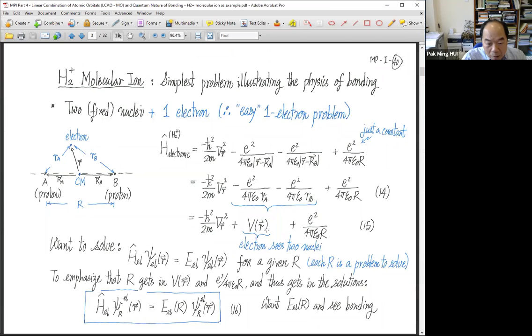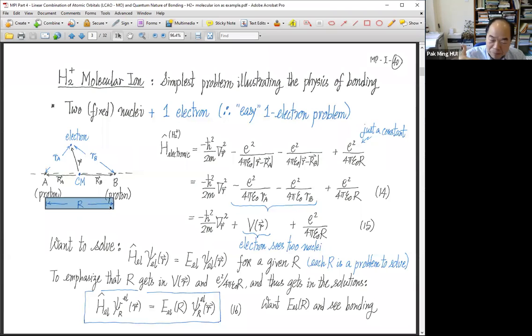Then the problem becomes, we want to solve this Hamiltonian for the H2 plus, H psi equals E psi. So this is the problem. Just to remind you, we have many problems to solve, namely, give me a separation, it is one separate problem.